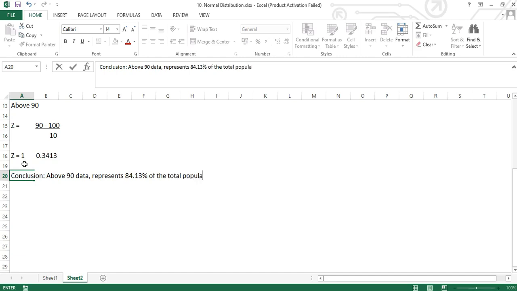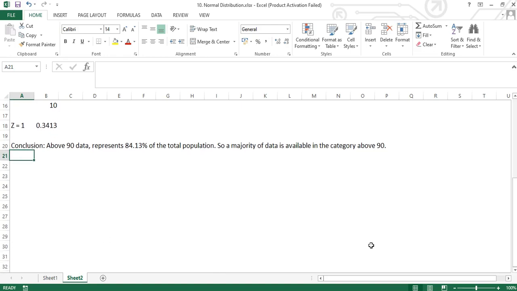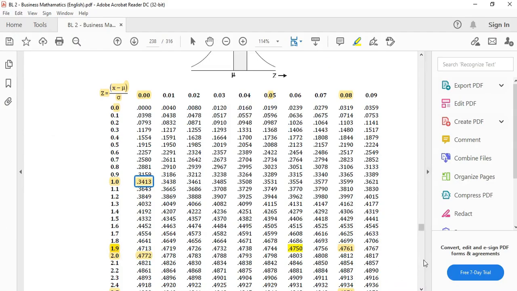So a majority of the data is available in the category above 90. Fine. Next, let's go to another sum.